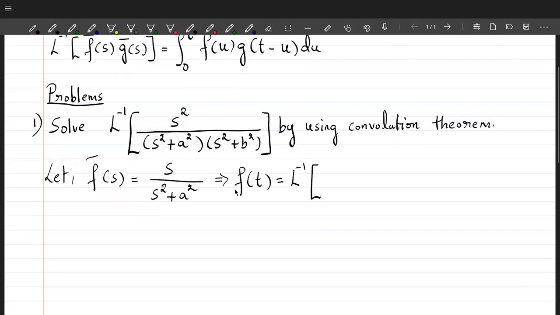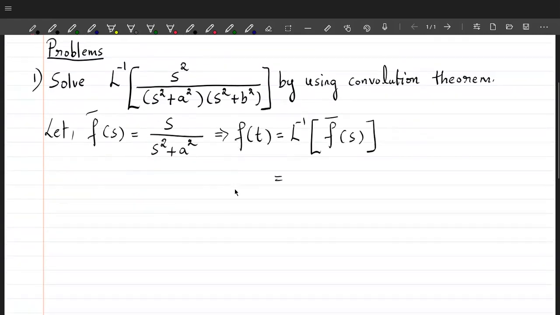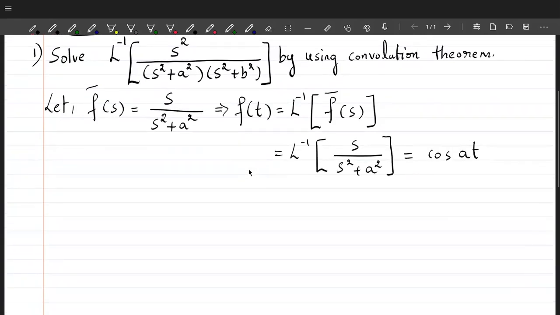So we get f of t is equal to L inverse of f bar of s, and that's equal to L inverse of s by s square plus a square. And what is L inverse of s by s square plus a square? That's equal to cosine of at. So now f of t is done, and f of t is equal to cosine of at.